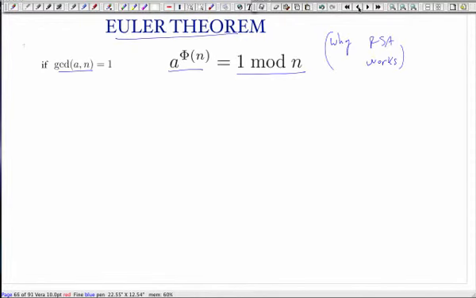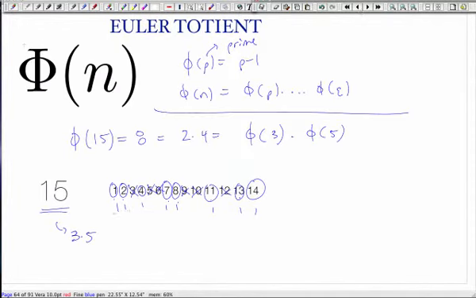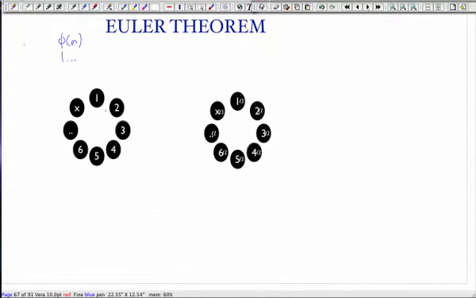If we consider all of the numbers that are circled, a cool way of writing that set is like this. Z star n. And the basic idea is you write all the numbers in that set in a circle like this, and right next to it you write that number times a, mod n.